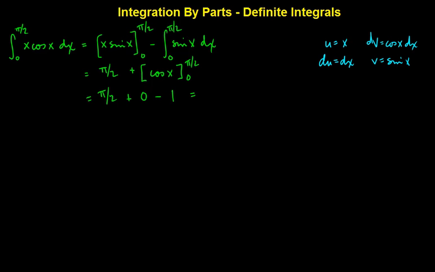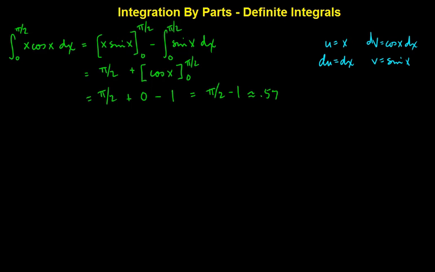So we'll end up with pi over 2 minus 1. Pi over 2, roughly 1.57, minus 1 would be about 0.57. If we wanted to do this on a graphing calculator, we could get a better approximation, but the precise answer is pi over 2 minus 1.